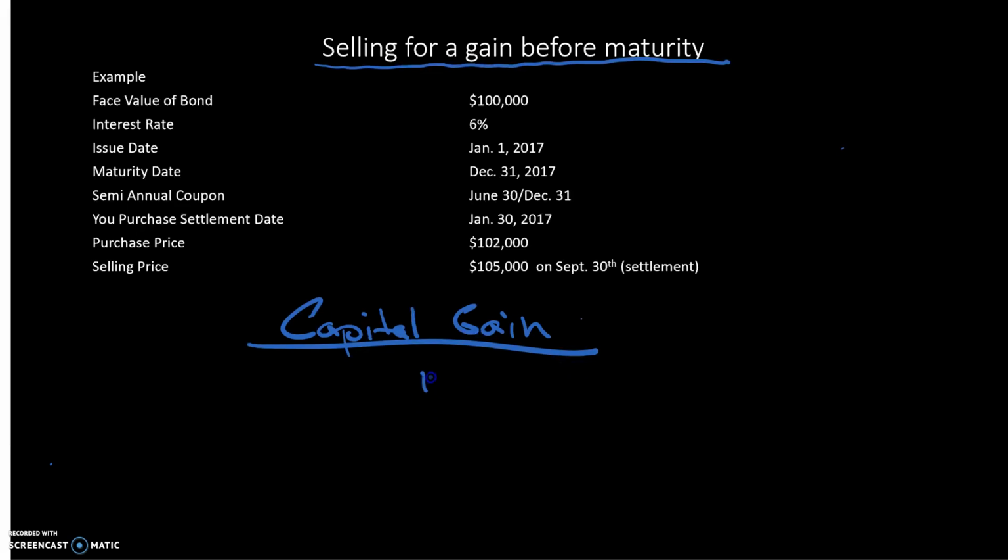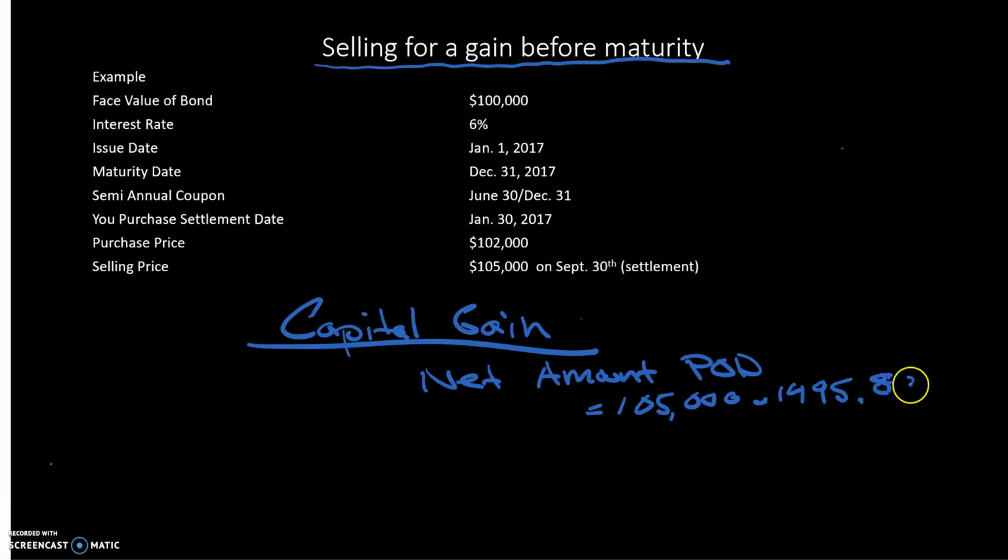So first we have to calculate the net amount of the POD, the proceeds of disposition. This is going to equal 105,000, which is the selling price I'm going to receive, minus the 1,495.89, the accrued interest that was paid to me.